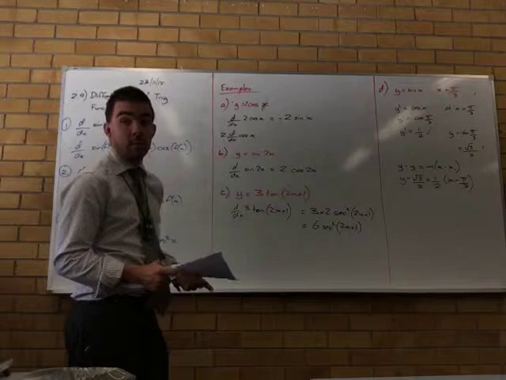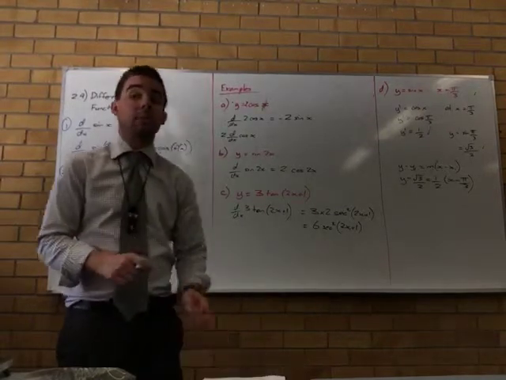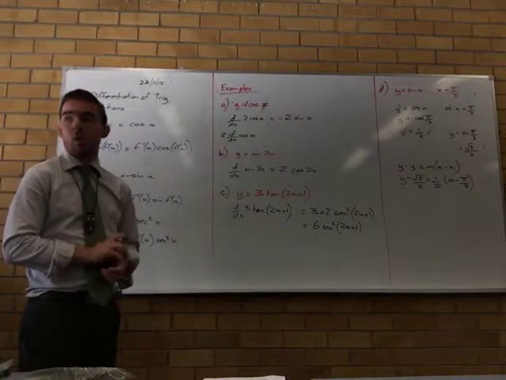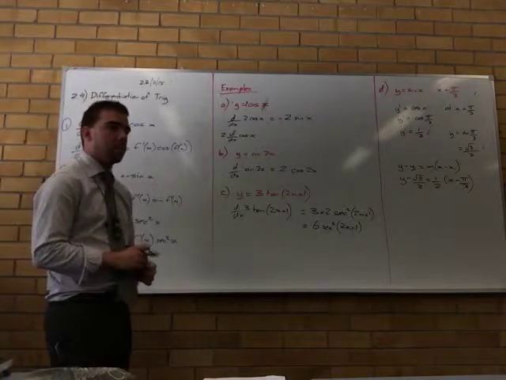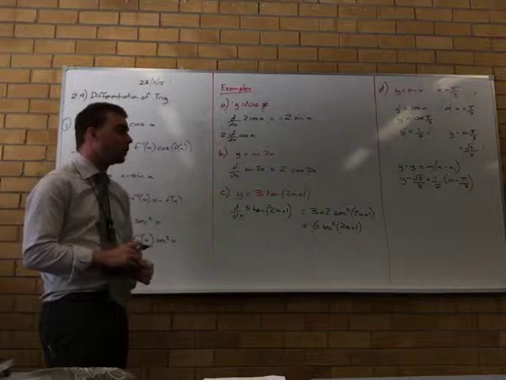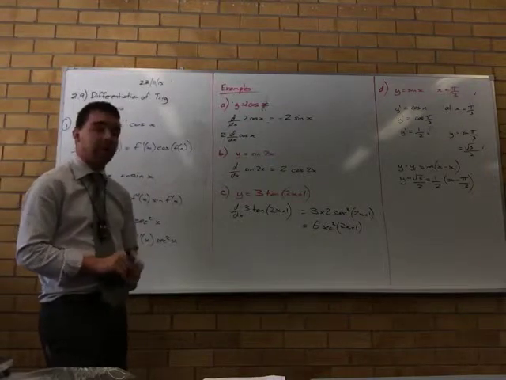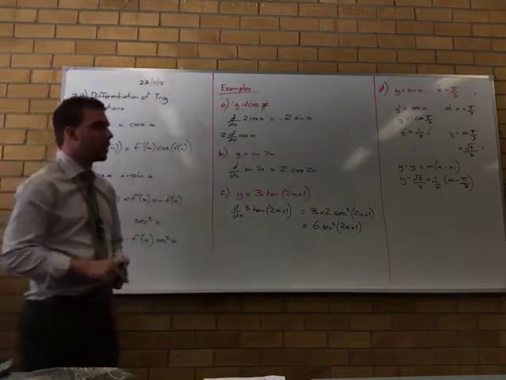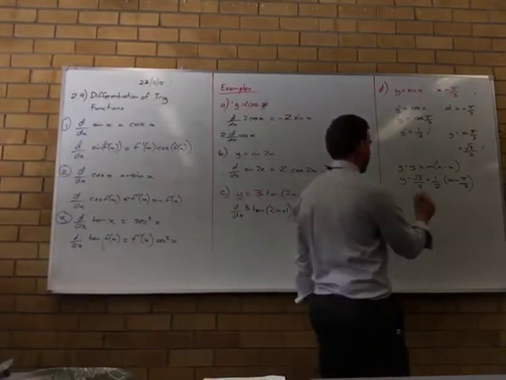So remember the two ways you need to represent a line. You need to either represent it as y equals mx plus b, or your general form. Unless you're told, I prefer having it in y equals mx plus b form because it's much easier to read information off that far more quickly.